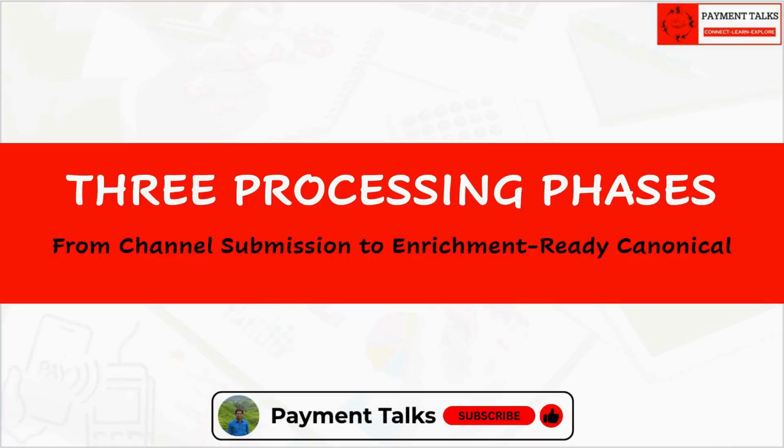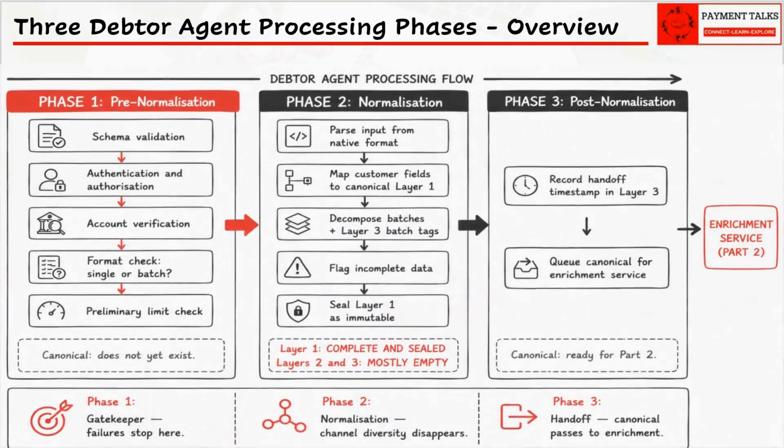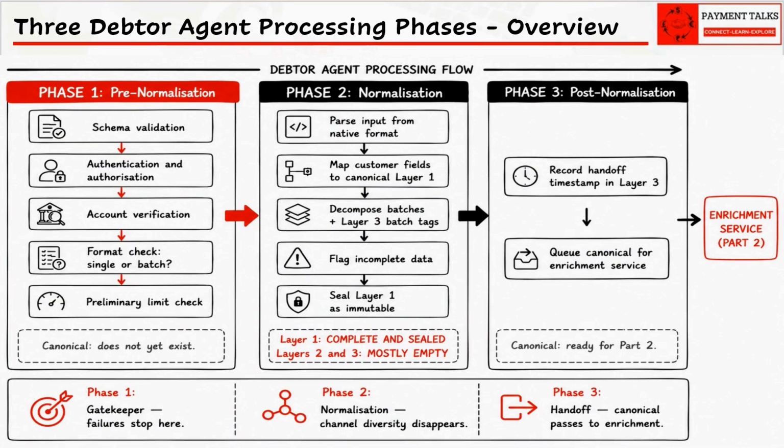Now, let me pull everything together into the three processing phases that take Claudia's portal submission to an enrichment ready canonical instruction. Three phases. Phase 1 is pre-normalization, the gatekeeper. Anything that fails here never reaches the canonical system. Phase 2 is normalization. This is where all channel diversity ends.